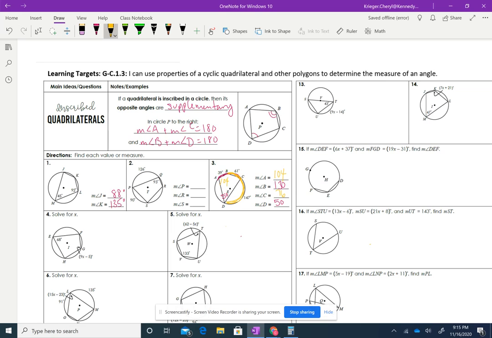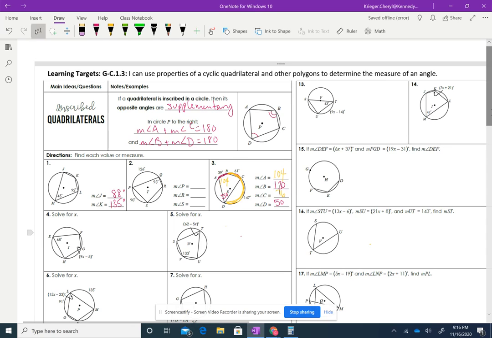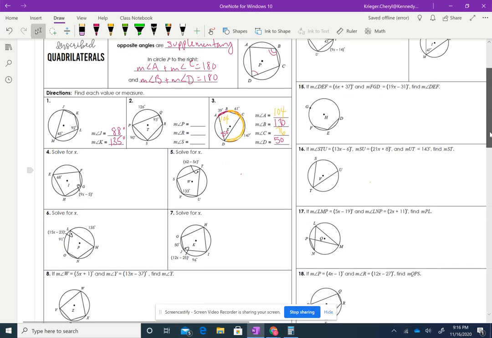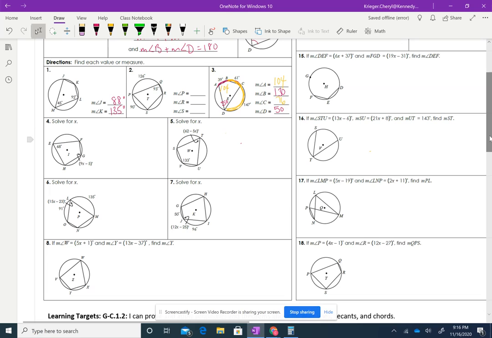Okay. So I'll do number 5 and 7. We're going to have lots of practice on these today. These are important and good for you to practice problem solving, how to solve parts of circles. So number 5 says we're going to solve for x. And I know that angle V and angle T are supplementary. So this is pretty simple.